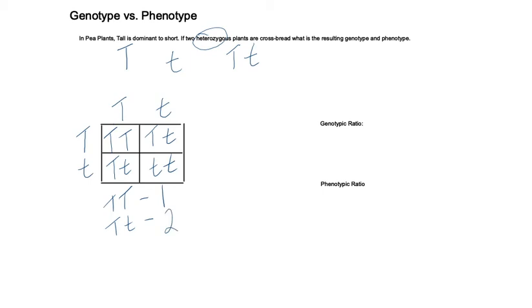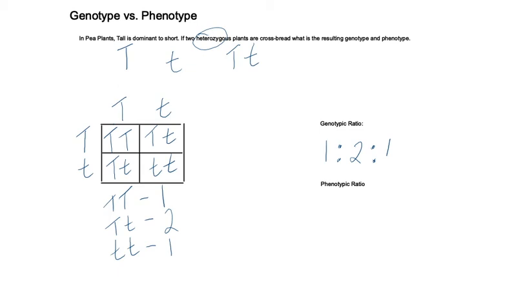And then my last possible genotype is going to be little t, little t, and I have one. So when I'm writing out my genotypic ratio, that is going to be 1 to 2 to 1.